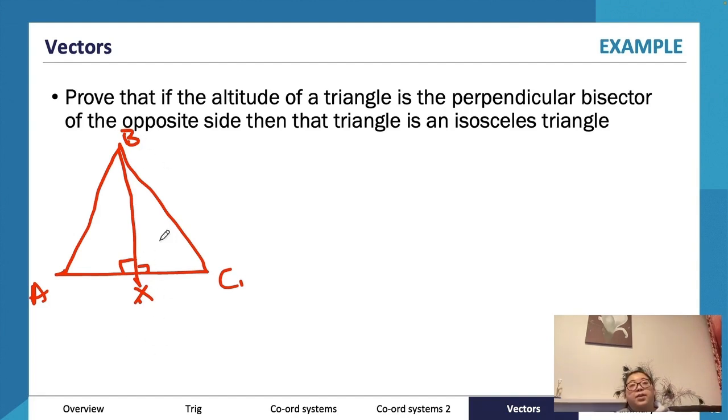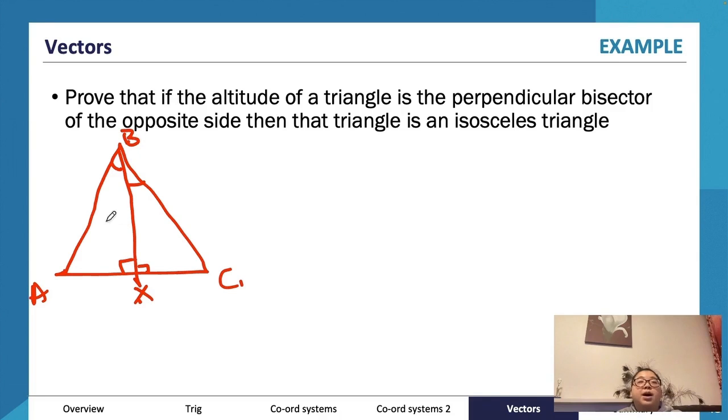It's exactly in half and it splits the triangle into 2 equal sections. So we also know that these angles would also be the same, because it's the perpendicular bisector of the triangle, so it bisects the angle.